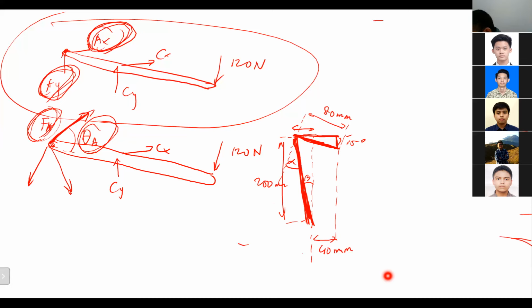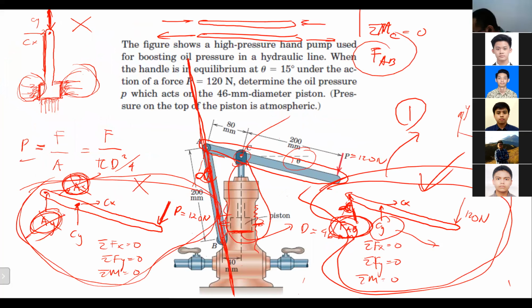Are you sure it's the same? How can you say that it's the same? Sir, why is alpha perpendicular to AC? Yes, alpha is perpendicular to AC. Why?